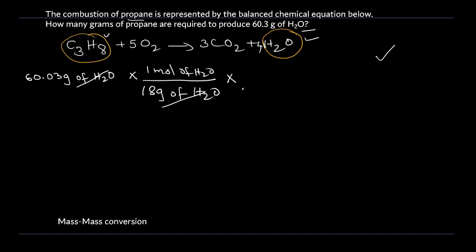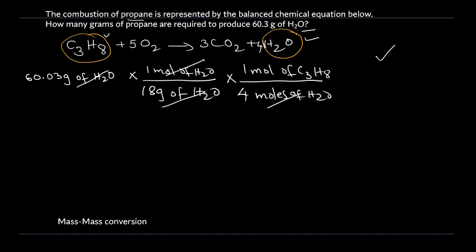The mole ratio between the water and propane is 4 moles of water and 1 mole of propane. That is the mole ratio from the balanced chemical equation. So moles of water and moles of water cancelled, and I connected that mole conversion to the equation.